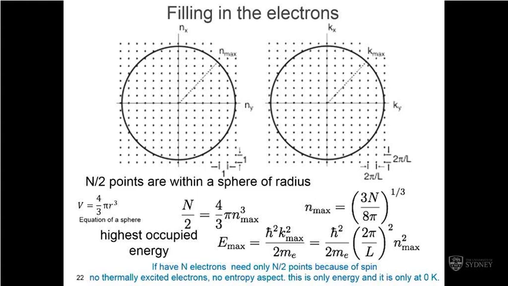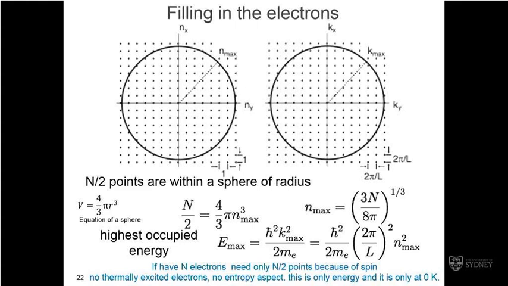And we know that we want to have inside that sphere N over 2 points. Because when we have N over 2 points enclosed in our sphere, we can occupy our N electrons.